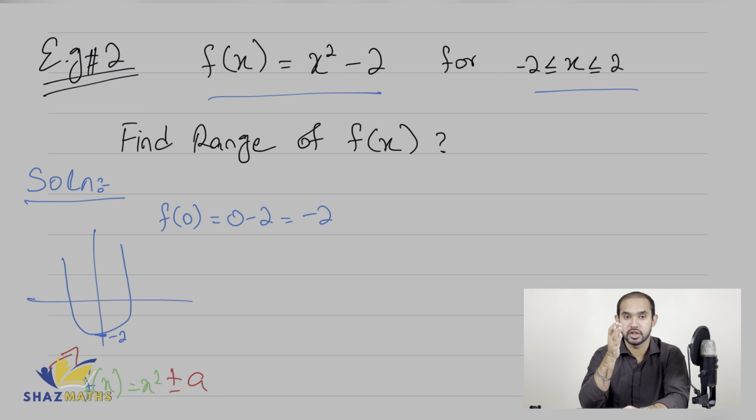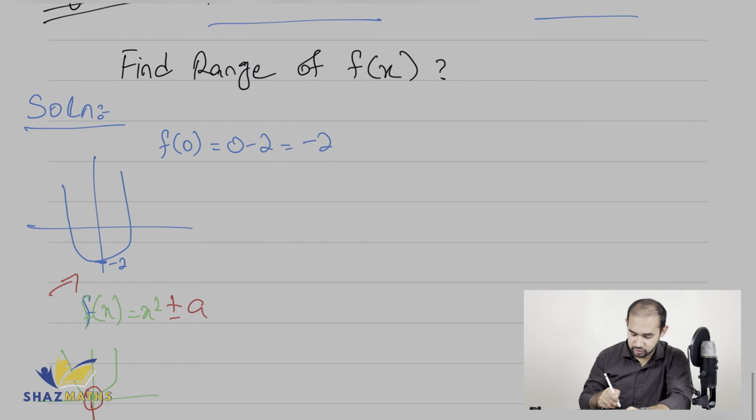It will always be on the vertex. If we cut through the vertex parallel to the y-axis, it will always divide the graph into 2 equal portions so that they can be folded onto one another. That is basically the concept of line of symmetry. And for this graph, the line of symmetry is the y-axis itself.